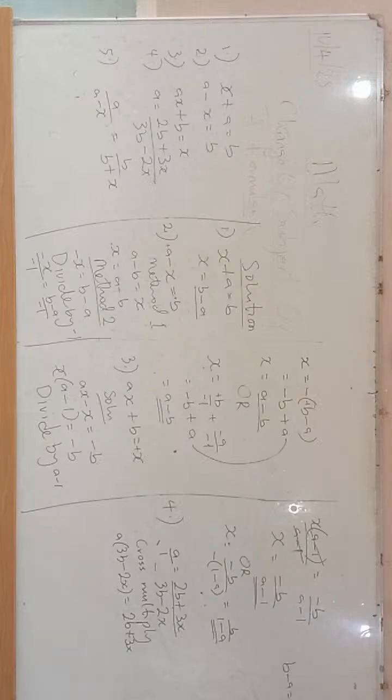Are we done writing? Open the brackets. So open the brackets. Now 3ab minus 2ax is equals to 2b plus 3x.